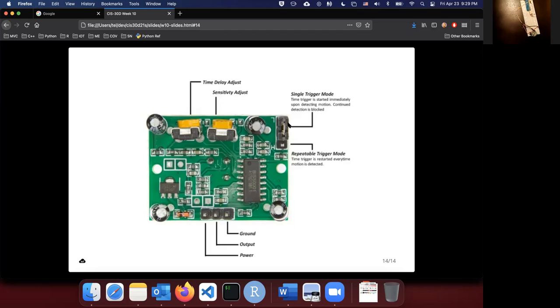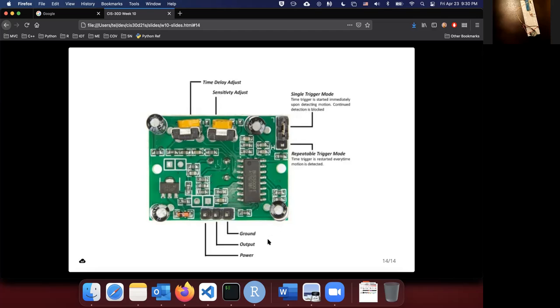So right now, what you have here is already in the single trigger mode, with these 2 pins connected with this little connector put on top of them. So this is already in this particular mode. You can change this if you want to, but you don't need to change it right now. You can use this as is.